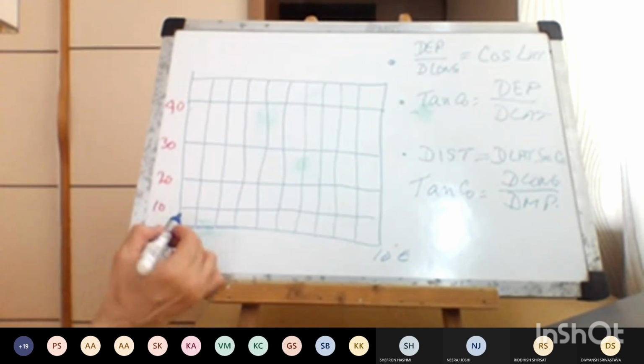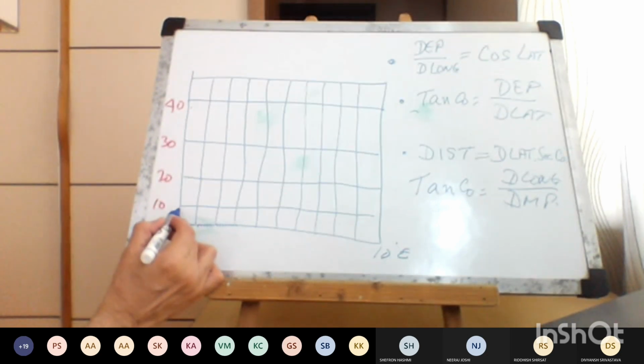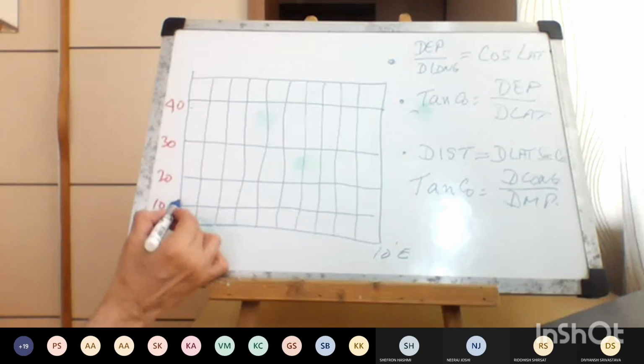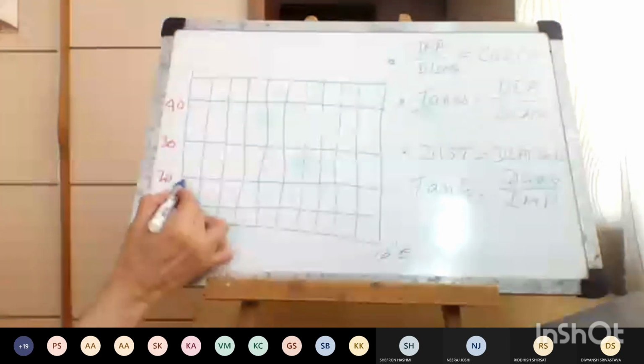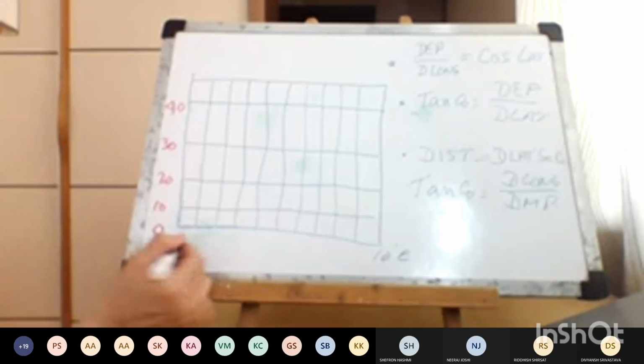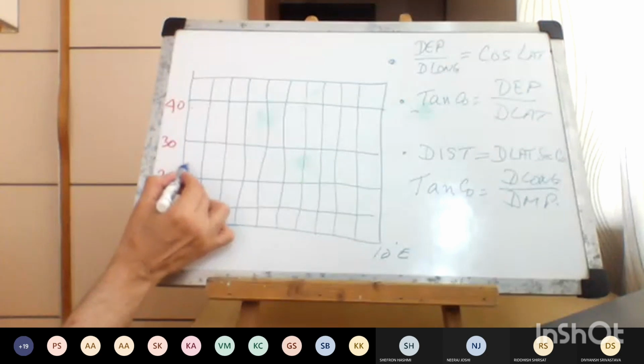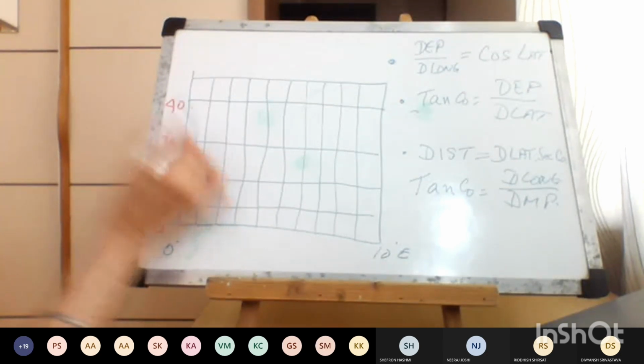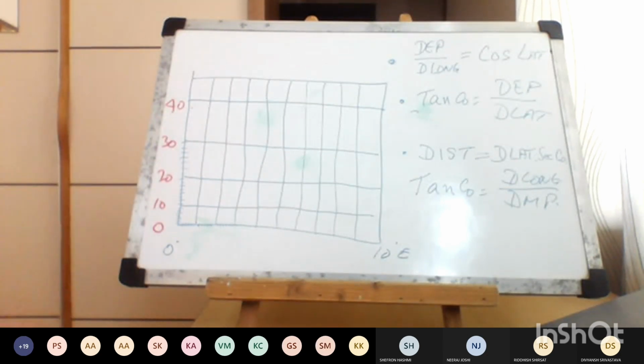But what happens in this case? Here if the gaps are with every degree, at every point of time, the gaps are increasing. With every latitude, the gaps are increasing.